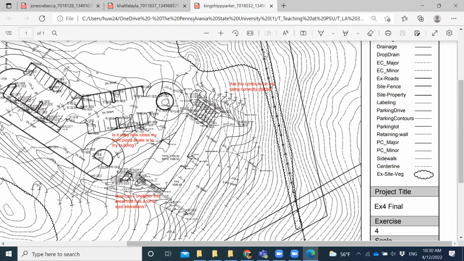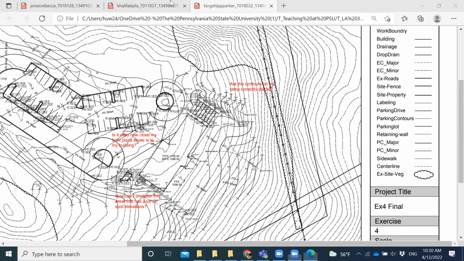Okay, now big picture stuff. 05 is going here. Our swale, it's so close to the building, and I don't think that's good, because there's a drainage category in the rubric, and you'll probably lose most of the points in that category because of this.